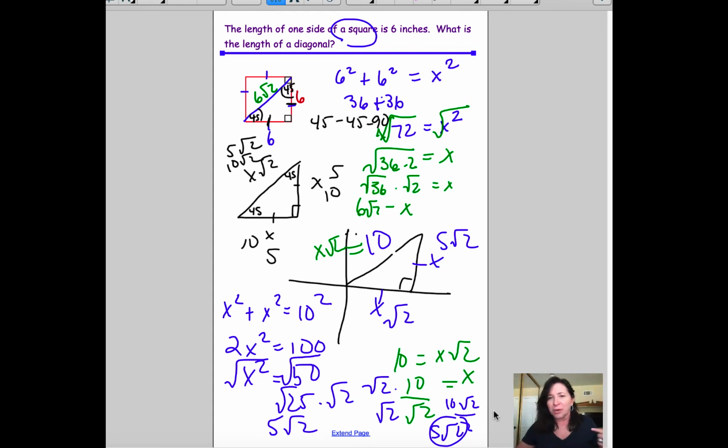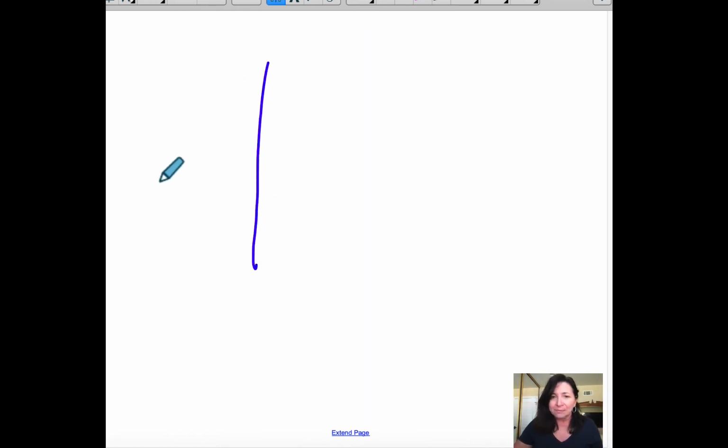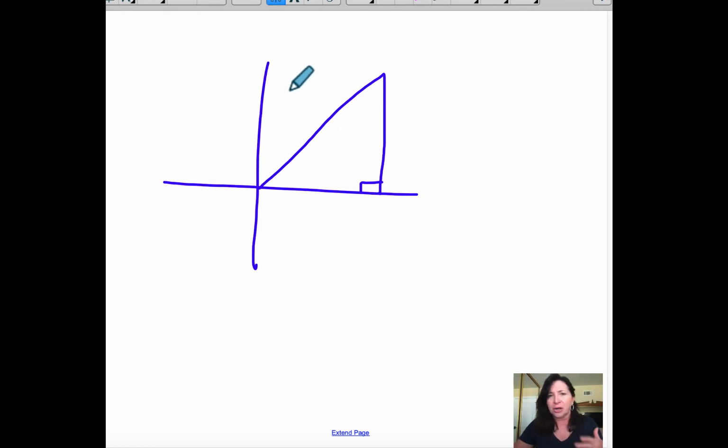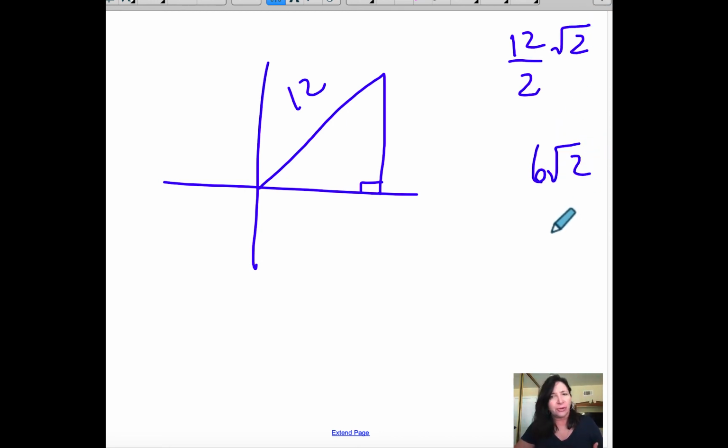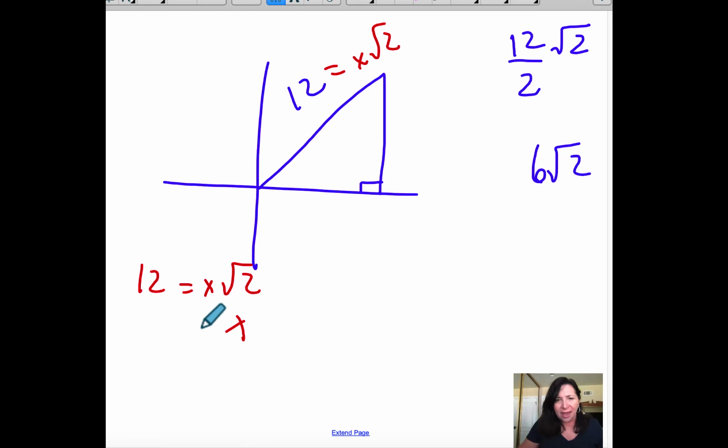But if you can just remember to cut that in half, so again, if I have a root and I say this side here is 12, the rule is basically take that value, divide by 2, multiply by root 2. So the side should be 6 root 2. That's the little rule. Now you can, of course, go, well, I know that 12 equals x root 2, then x is equal to 12 divided by root 2.